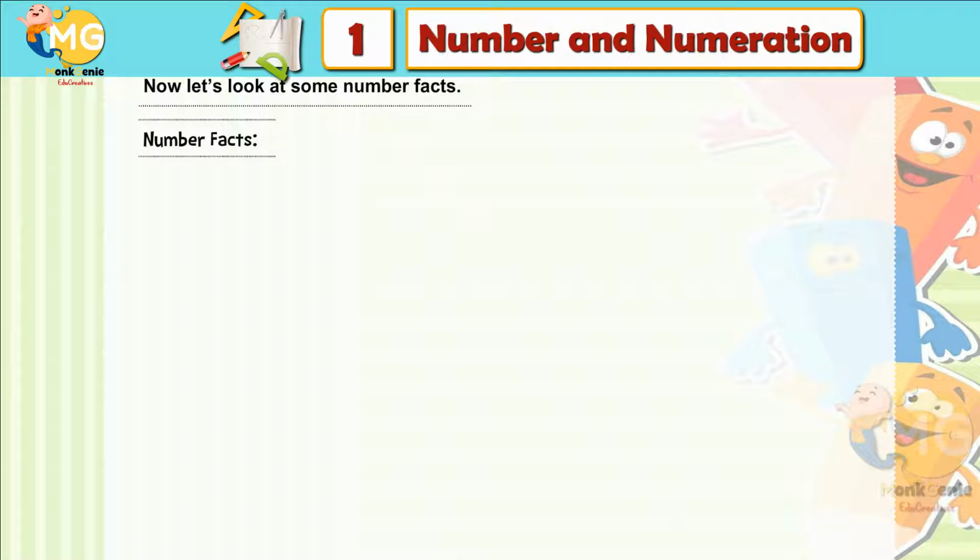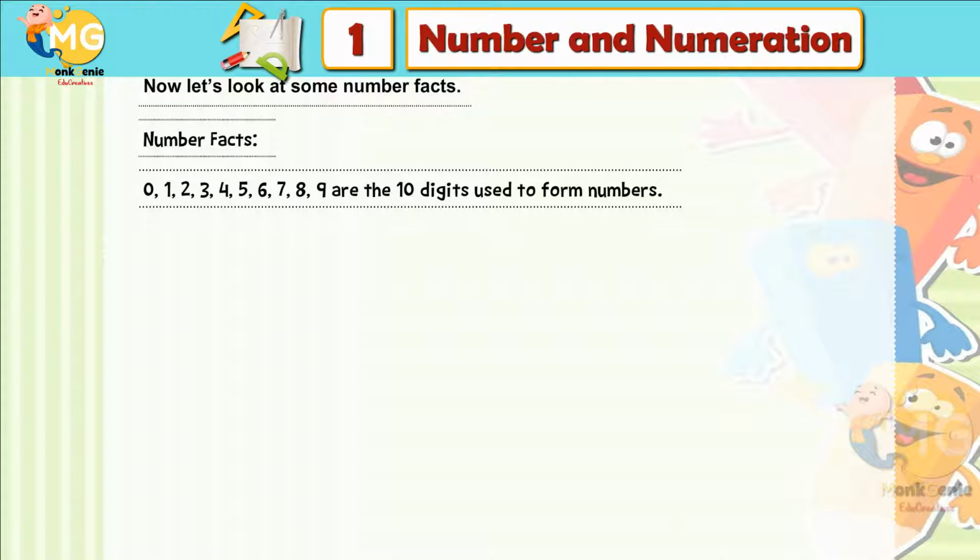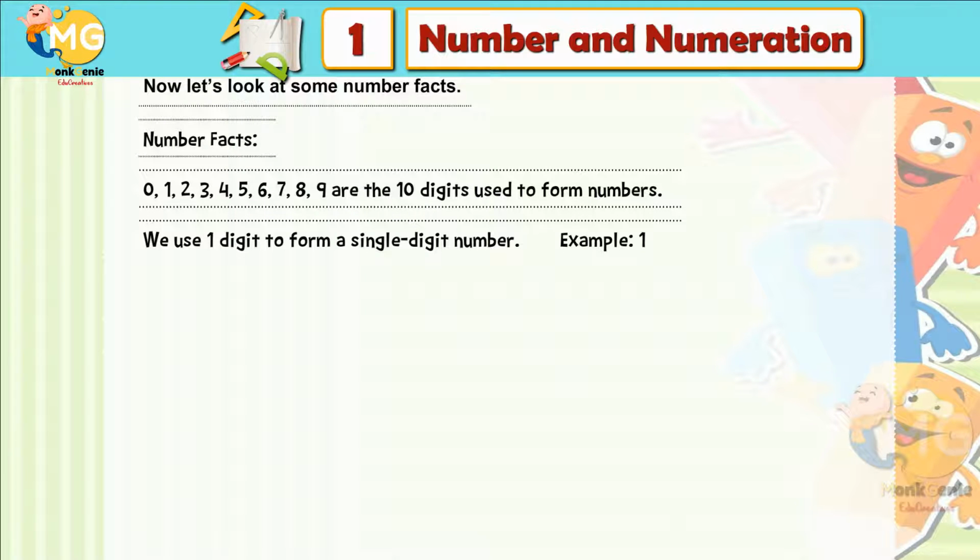Number facts. 0, 1, 2, 3, 4, 5, 6, 7, 8, 9 are the 10 digits used to form numbers. We use one digit to form a single digit number. Example, 1.